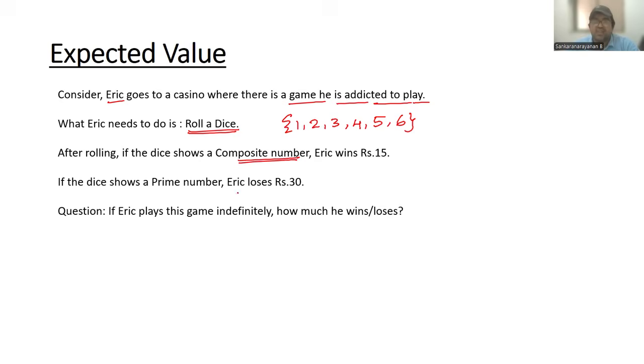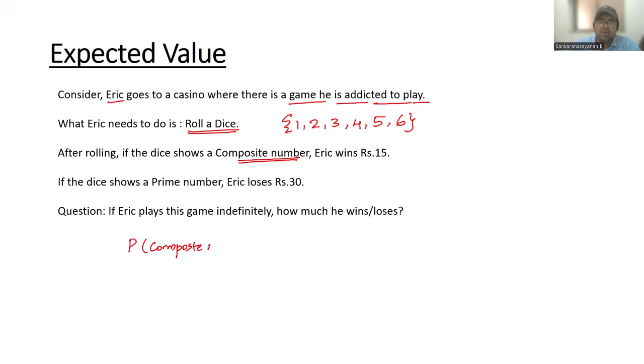Now, the question is framed in this way. If Eric plays this game indefinitely, he keeps on playing this game because this guy is addicted to it, how much does Eric win or lose? That's the question. So how to proceed? What I am going to consider here is the probability that this guy is going to see a composite number.